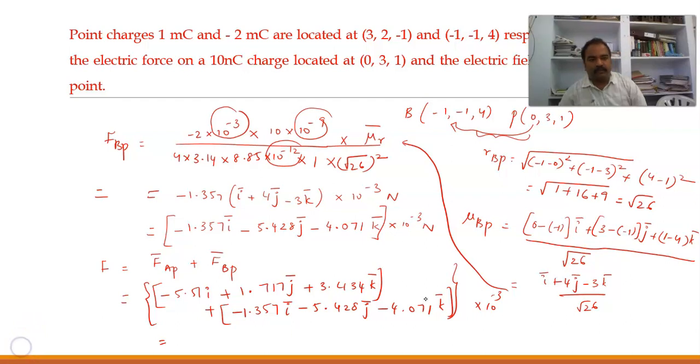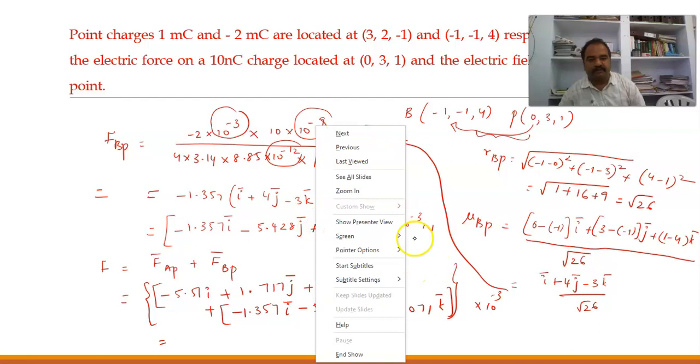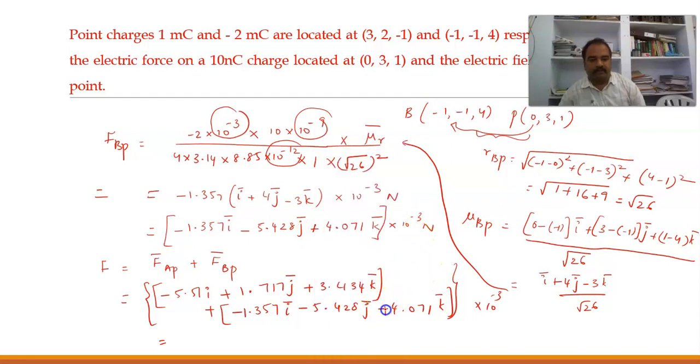So we will add these things. Here it must be plus, and here also plus, right?